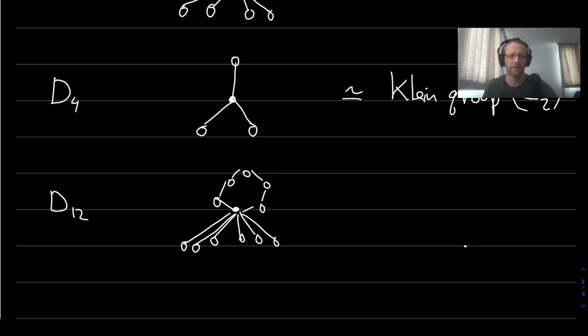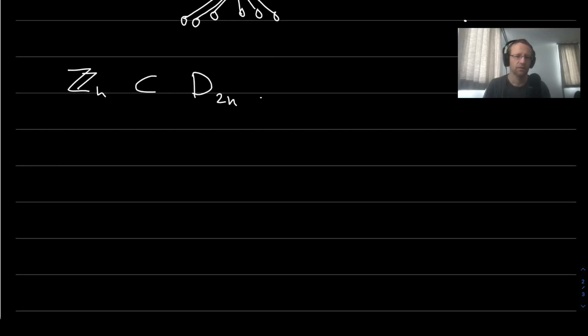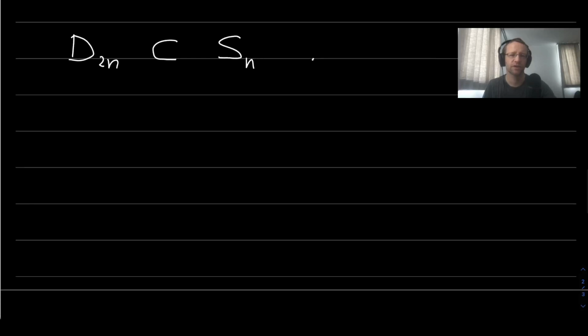So as mentioned, we have a standard normal subgroup. And also, it is true that if we label the vertices of the regular polygon, we see that the group D2n is automatically a subgroup of Sn, the group of permutations of n elements, because each symmetry corresponds to a permutation of the vertices.